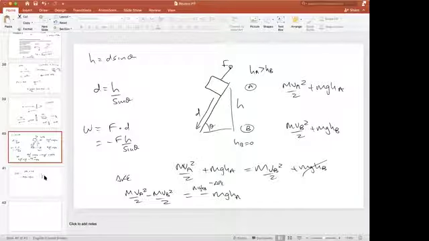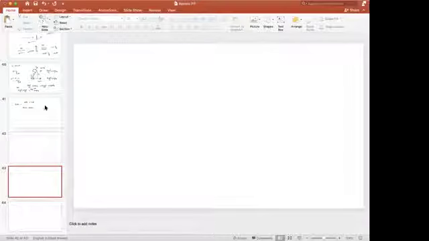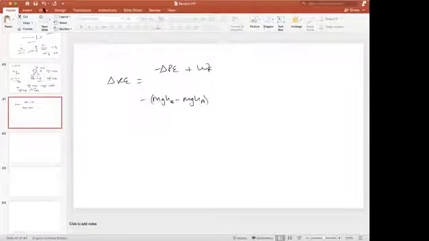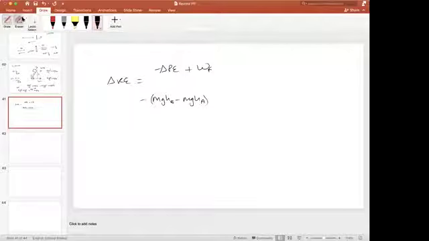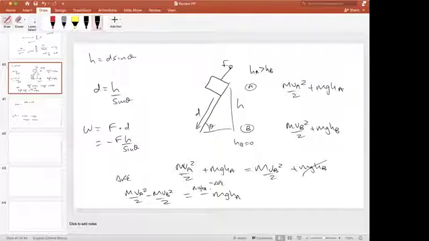Oh, I'm sorry. That's a negative. I'm being stupid. Again, I know a lot of you had questions on this. The potential energy of gravity change is m g h final minus m g h initial. So this would be m g h_b minus m g h_a, which means that I've got this backwards here.